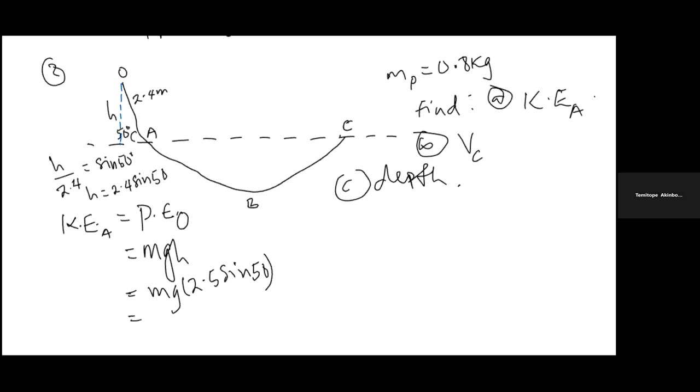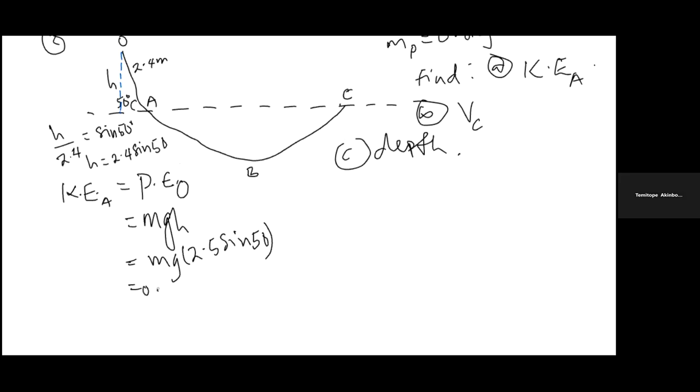So 0.8 times 10 times 2.4 sine 50. That gives 14.708, which is going to be 14.7 joules. Kinetic energy at A.